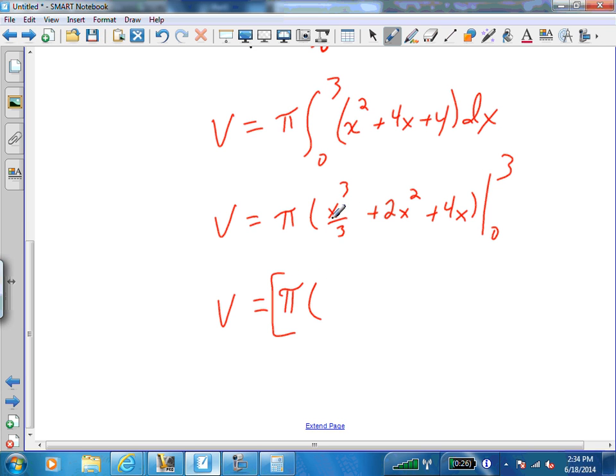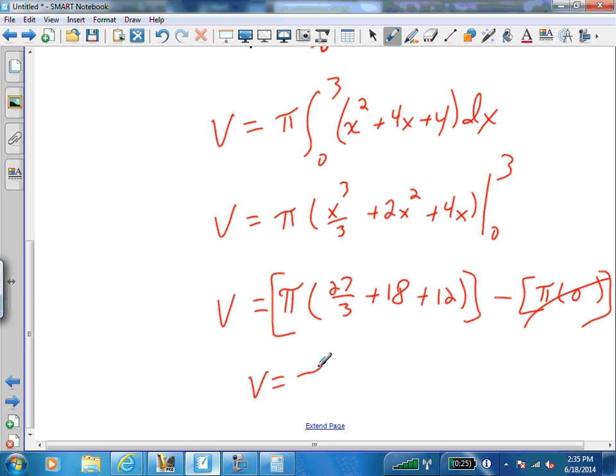So if we plug a 3 in, we get 27 over 3, minus 3 squared, 9, that's 18, plus 4 times 3. If we substitute a 0 in, we get 0.